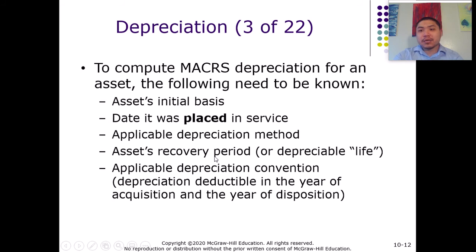And then depending on the types of assets, whether it is a personal asset or a real property, right? Then we can select the applicable depreciation method, the depreciation recovery period, and also the depreciation convention, right?